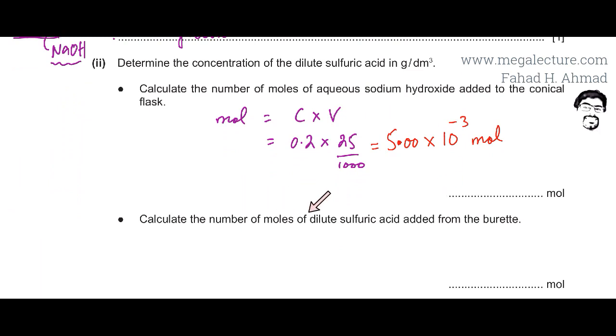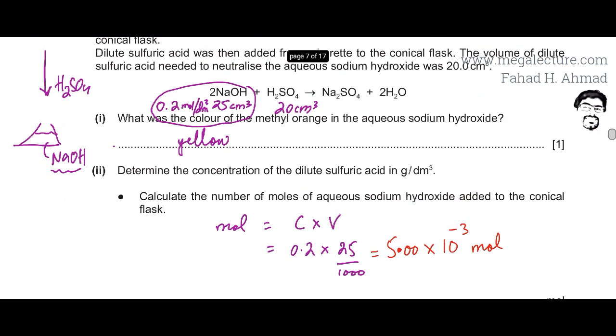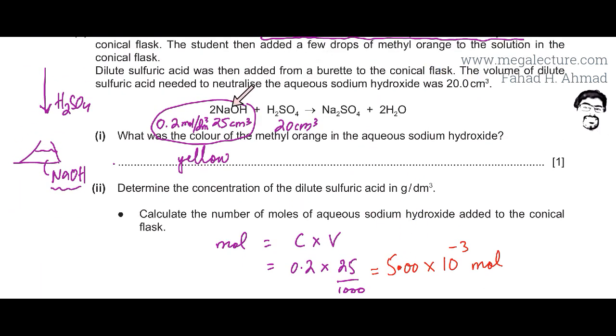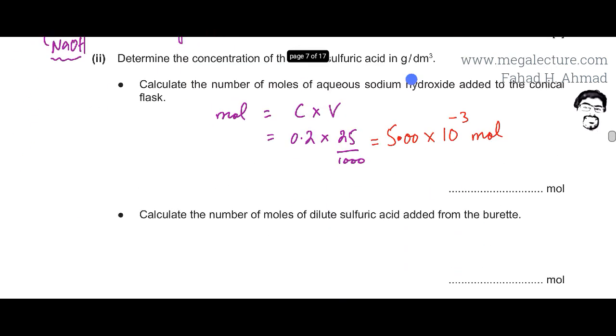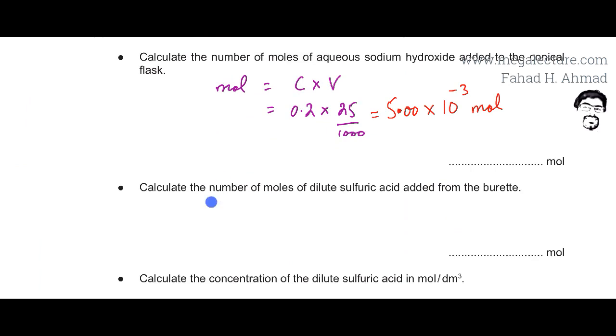Now we need to calculate the number of moles of sulfuric acid added from the burette. Now look at the equation. NaOH and H2SO4 react in the ratio 2:1. Over here, I have already found the moles of NaOH. It's 5.00 × 10^-3 moles.